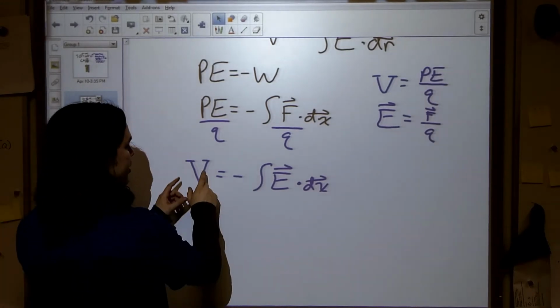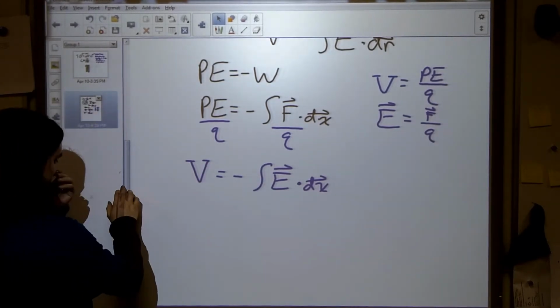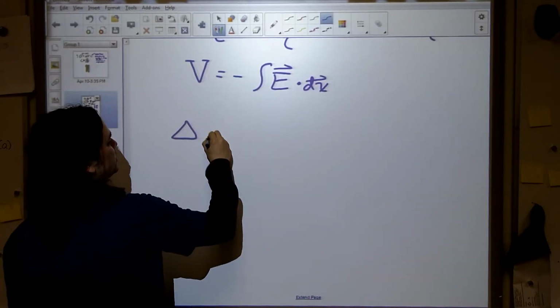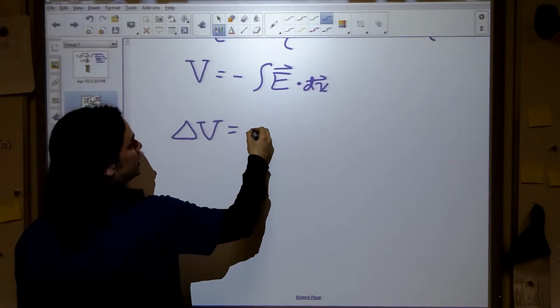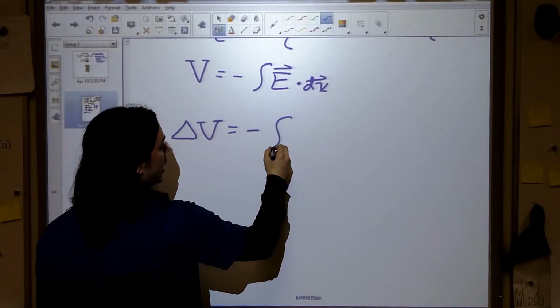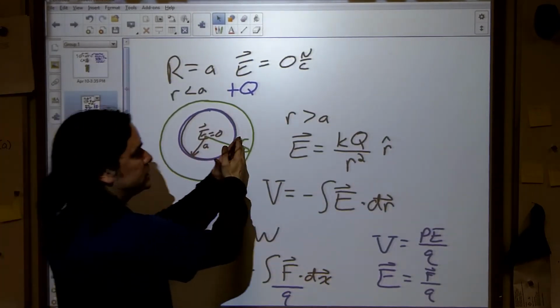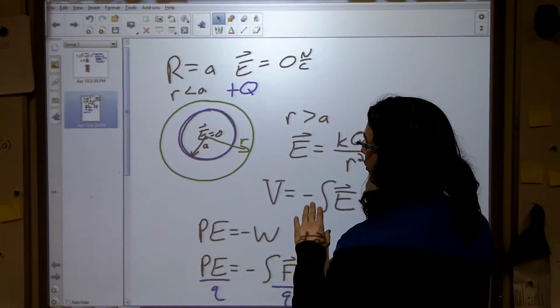Okay, now that we've got this, I need to find the potential difference. So, my potential difference, specifically delta V, is going to be equal to negative the integral from, here's what we're going to do. We're going to integrate the electric field, its effect, from one point to another.